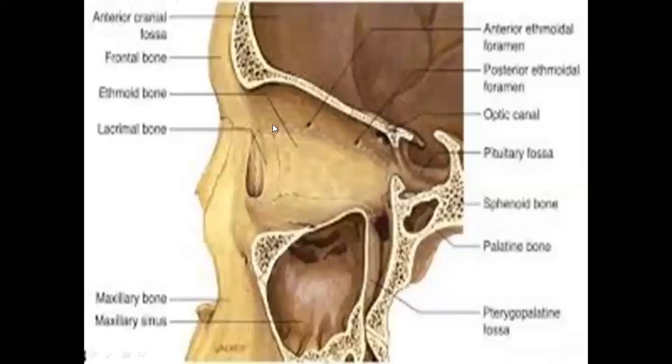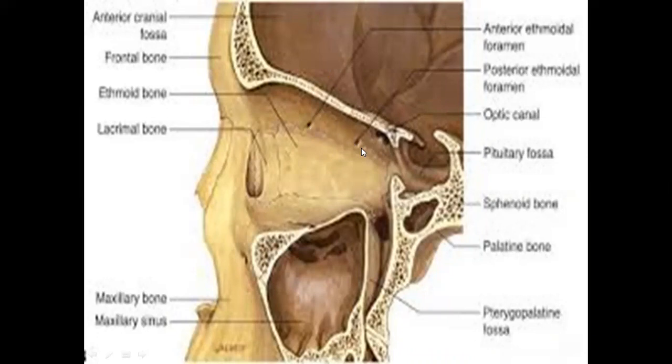At the junction between the medial wall and the roof of the orbit, we have two foramens, the anterior and posterior ethmoidal foramen. Through these foramens, the orbital cavity communicates with the anterior cranial fossa.